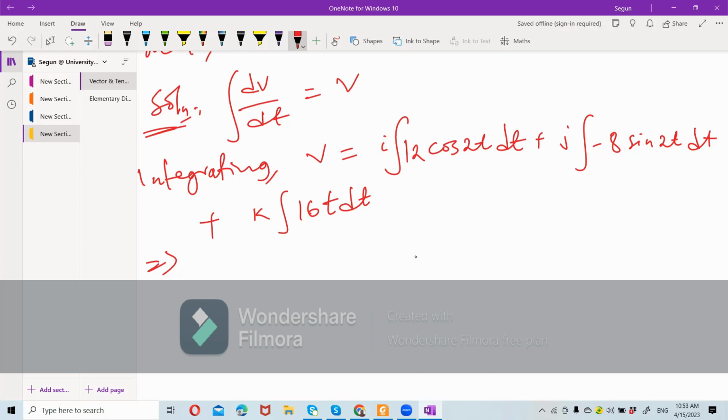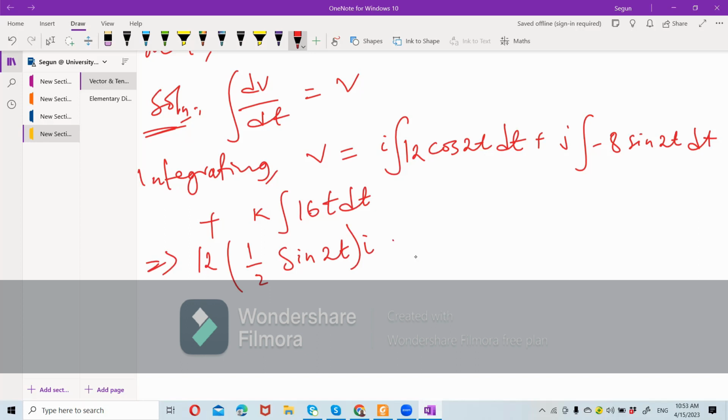Anyway, all you need to do is when you integrate this, you are going to have 12 times 1 over 2 sine 2t. Go and check your integration very well.